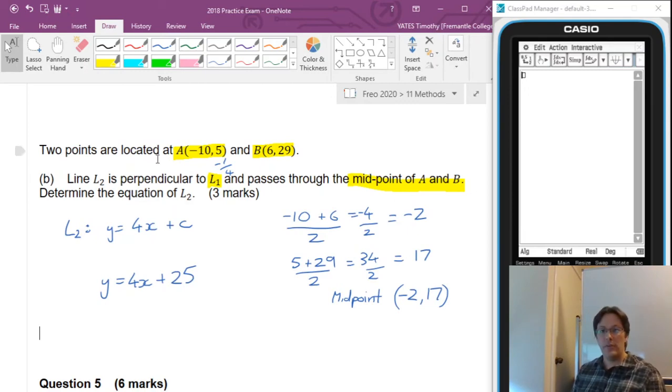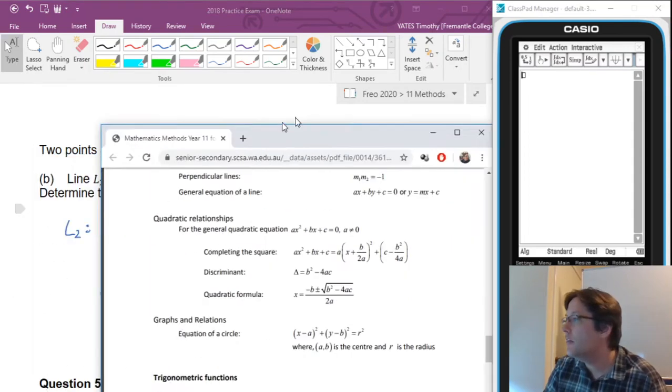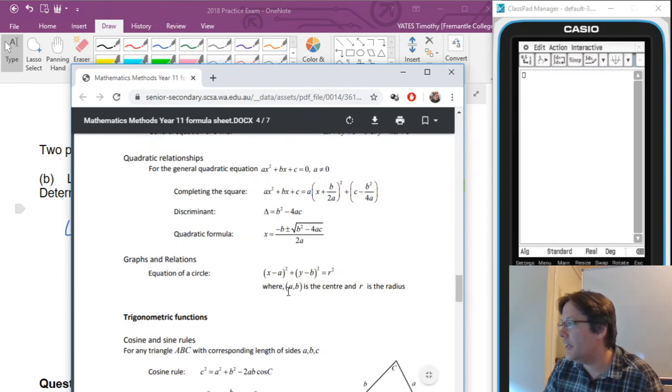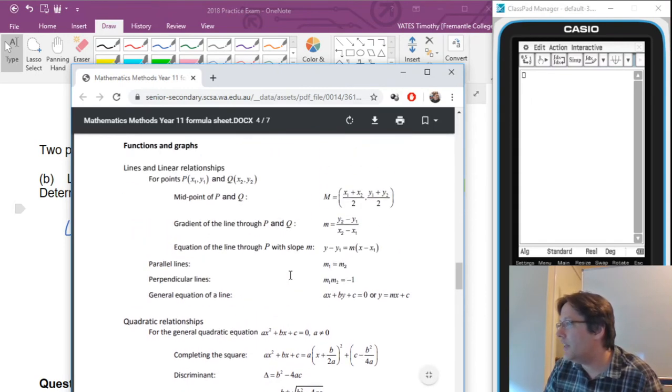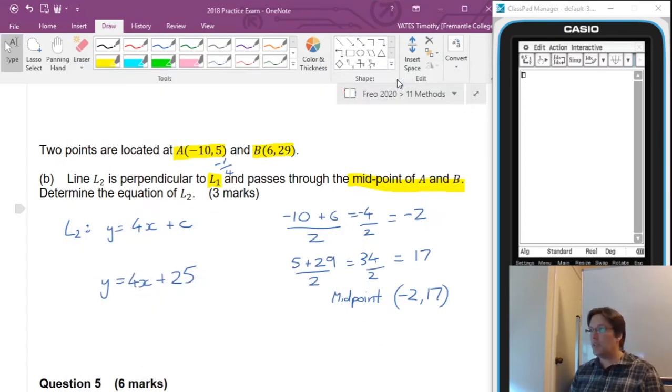Another way that we could do it is just by using our formula sheet. So there's a very special formula on here, and that formula is the equation of the line through point P with slope m. That is y take y1 equals m of x take x1. I'm going to write this in green.